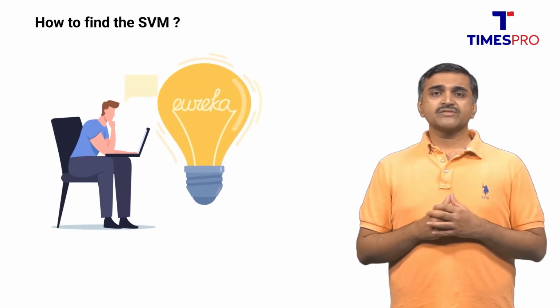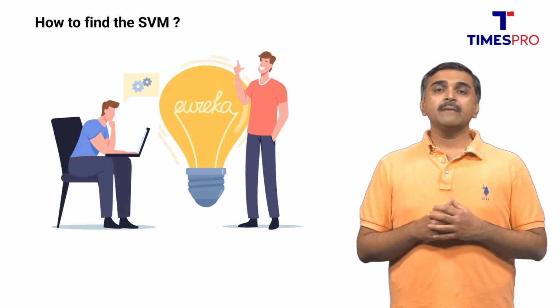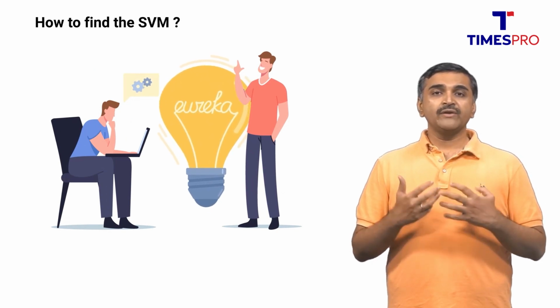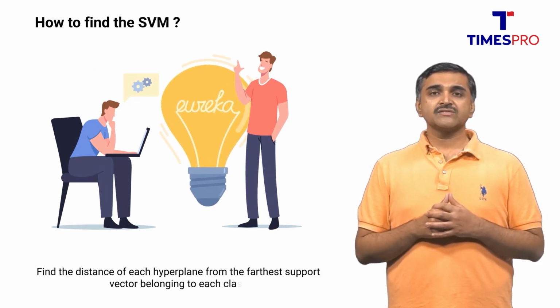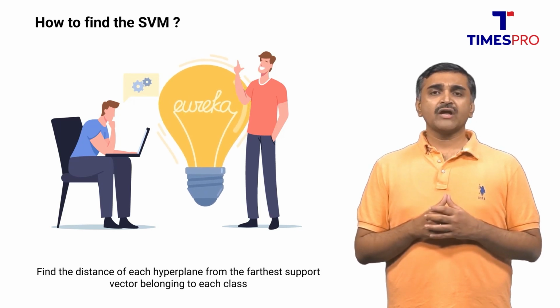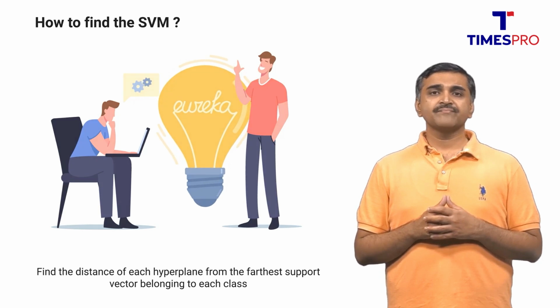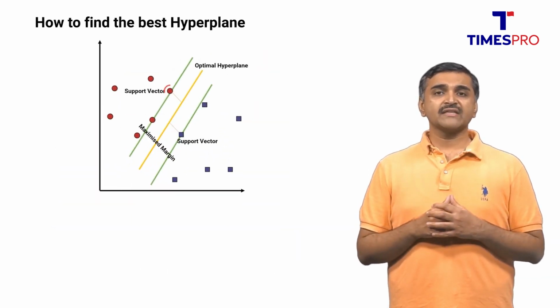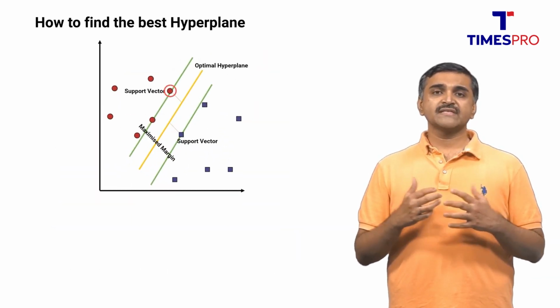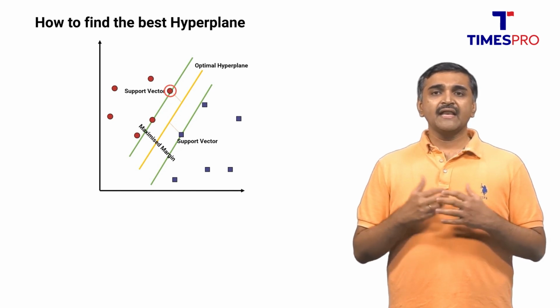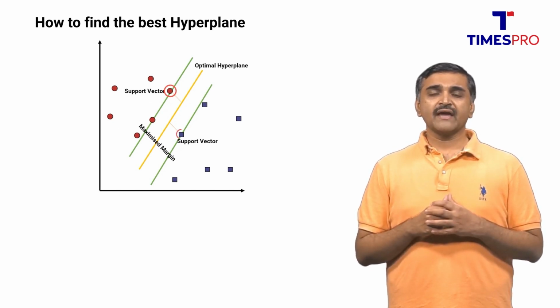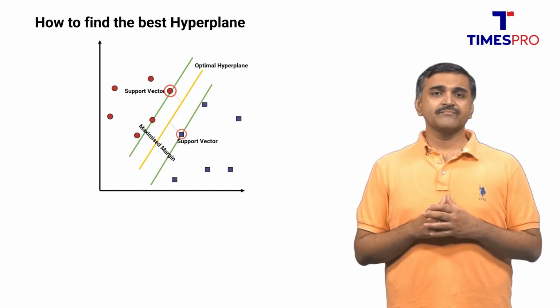To answer this question and to find the best hyperplane, we find the distance of each hyperplane from the farthest support vector belonging to each class. So here is the farthest support vector of this class. And let's consider this support vector as the farthest support vector of another class.